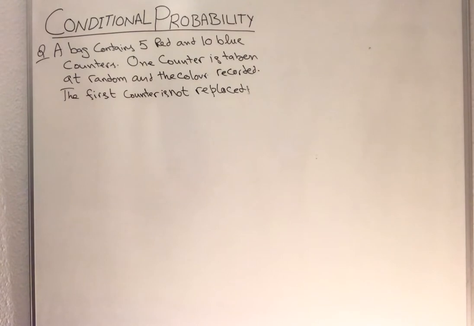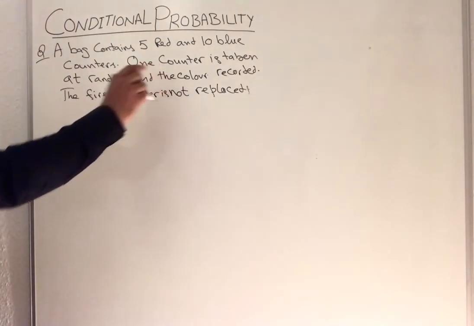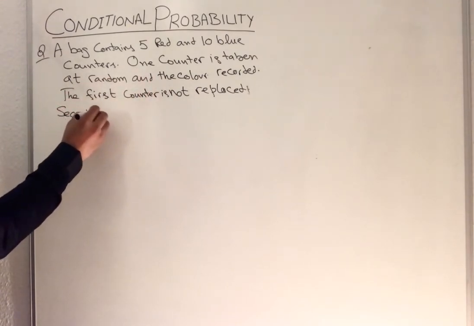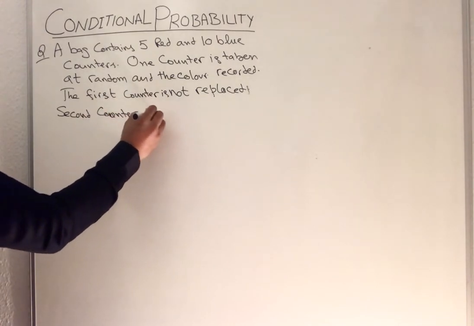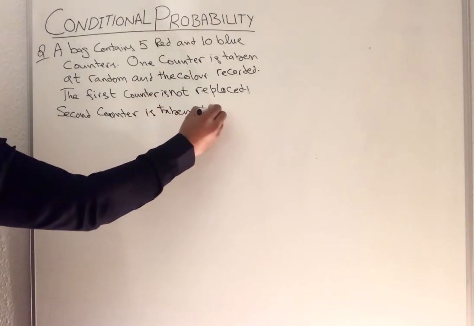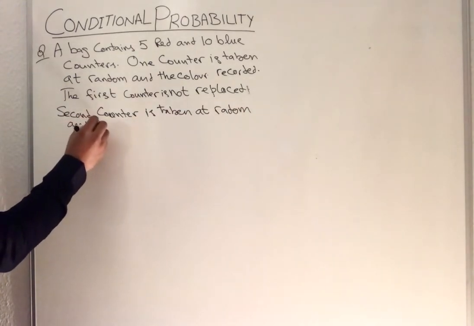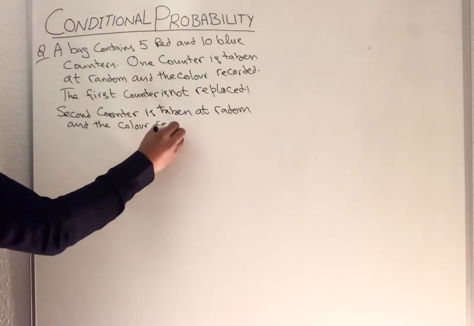The second counter is taken out at random and the color recorded. Work out the probability that both counters are red. One counter is obviously taken. Secondly, the second counter is taken at random and the color recorded.